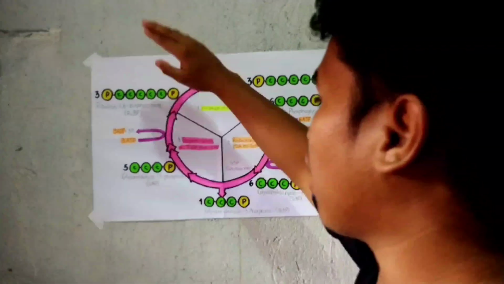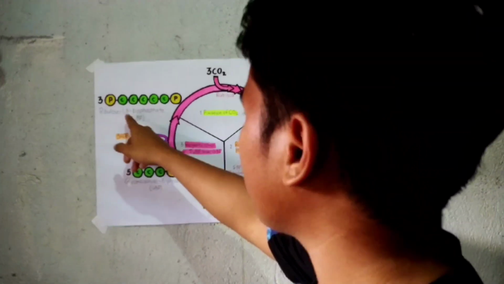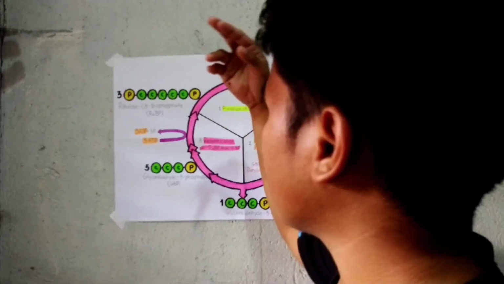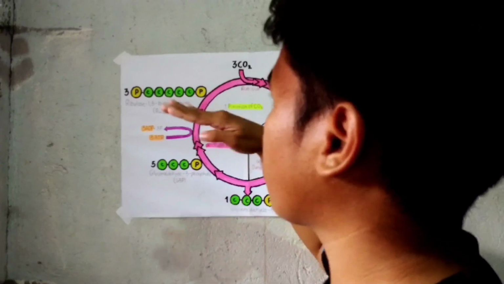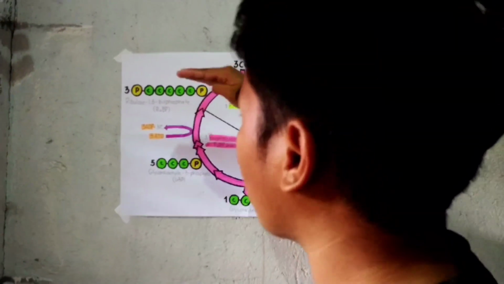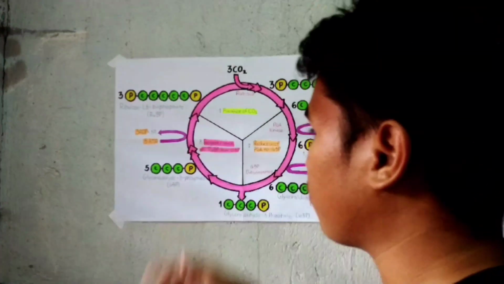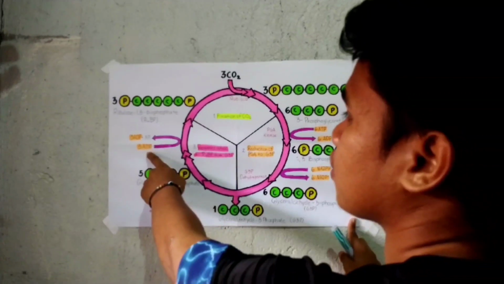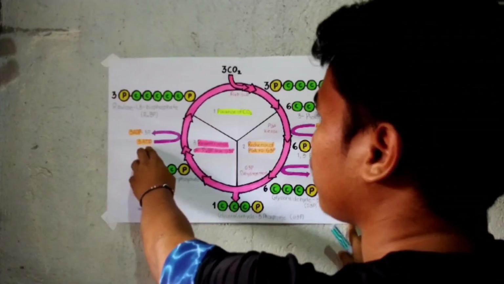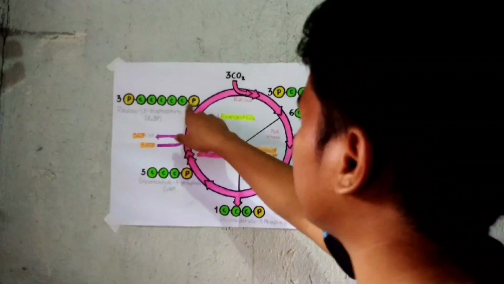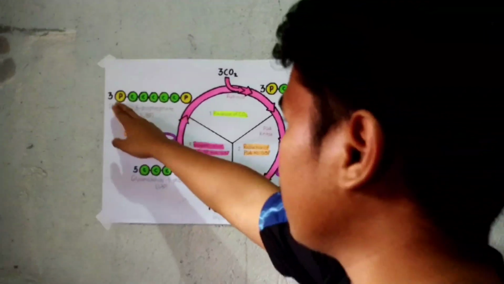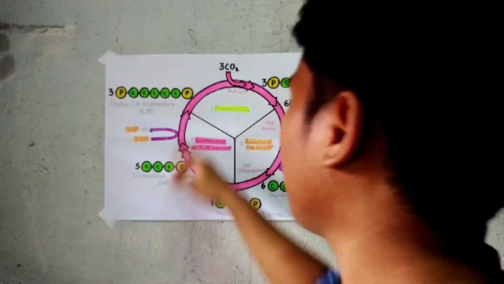So we have 3 groups that contain 5 carbons each. Because of the phosphate given by the ATP, it will look like this: it carries 2 phosphates and 5 carbons.